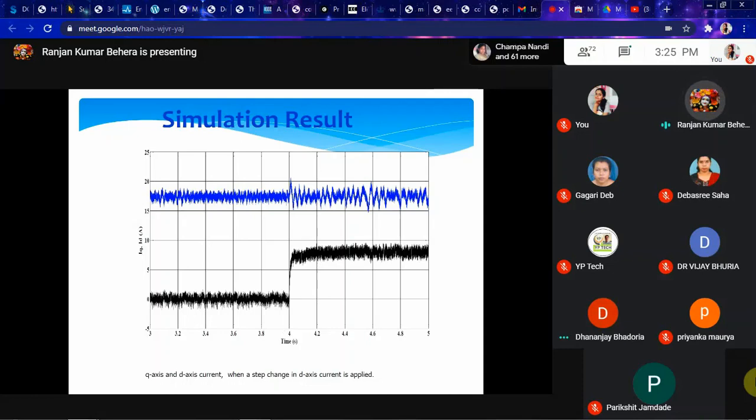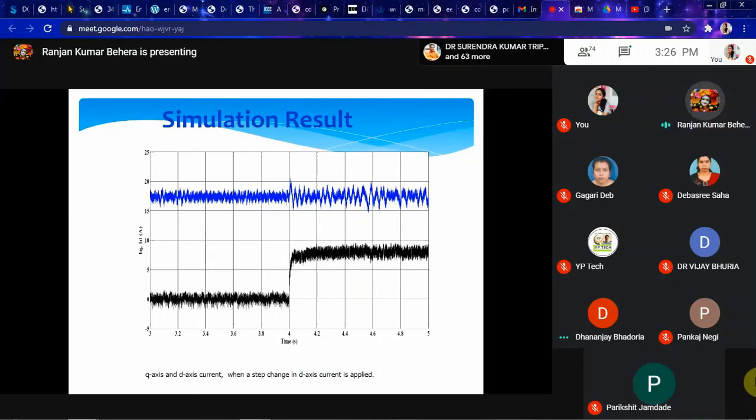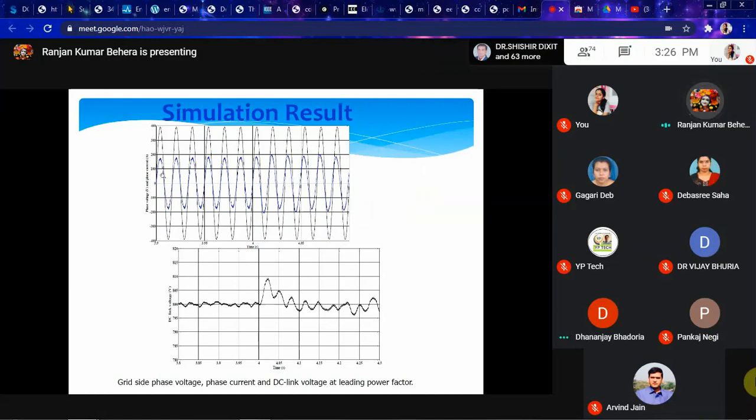Like a DC motor, your armature winding and the field winding. So if you do armature current control, it will not affect the field side. If you do the field side control, it will not affect the armature control. And that is the decoupled control methodology.